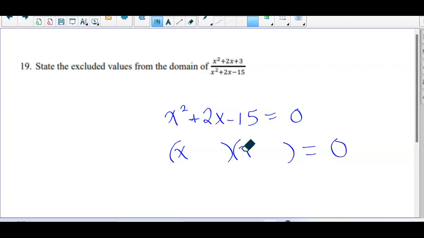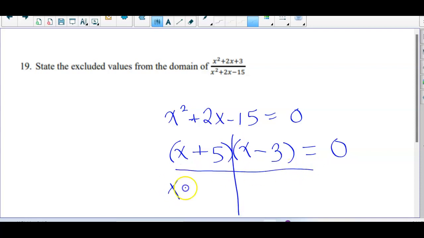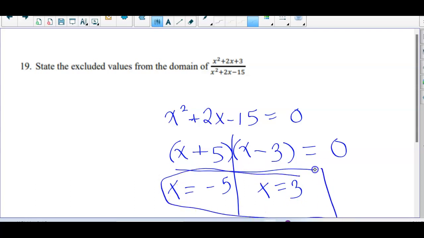So I'm going to look for factors of 15. It's a negative 15, so I need 1 plus and 1 minus that have a difference of 2. So it's going to be positive 5 minus 3. And then I tee them off. I set them both equal to 0. And those are the excluded values. When I set both of these equal to 0, I get negative 5 and positive 3. Those are my excluded values.